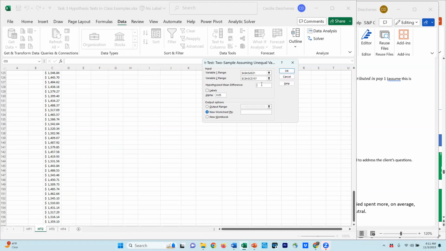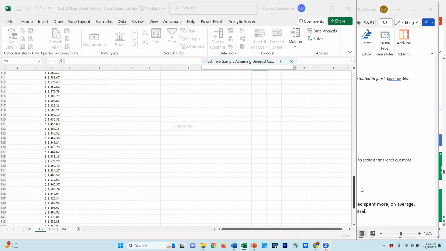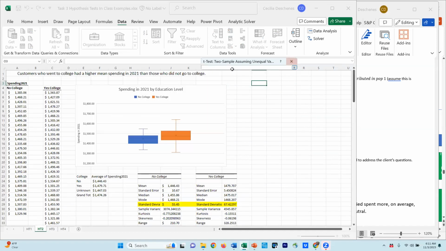The hypothesized mean difference for our purposes in our class is always going to be 0, because we're not doing anything more fancy than that. I did have labels at the top of my data. I have an alpha of 0.05, and I'm going to select where I put it. Let me scroll up. I think I'm going to put it right here. All right, so let's say okay.